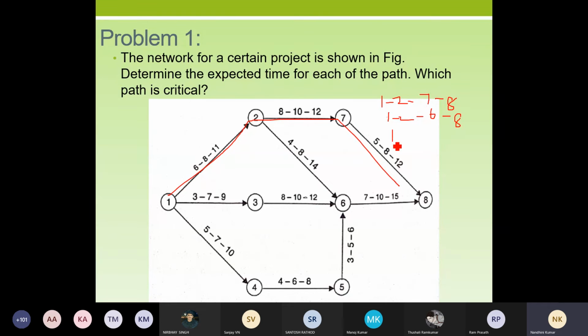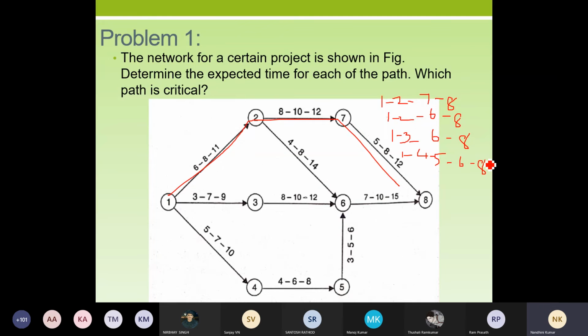So it goes as a straight line. This is my third path. And my fourth path is 1, 4, 5, 6 and 8. So these are my 4 possible paths.